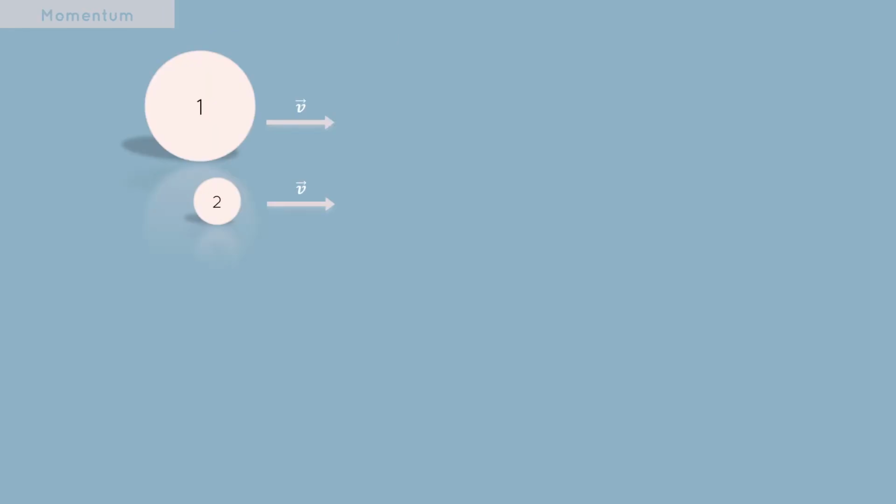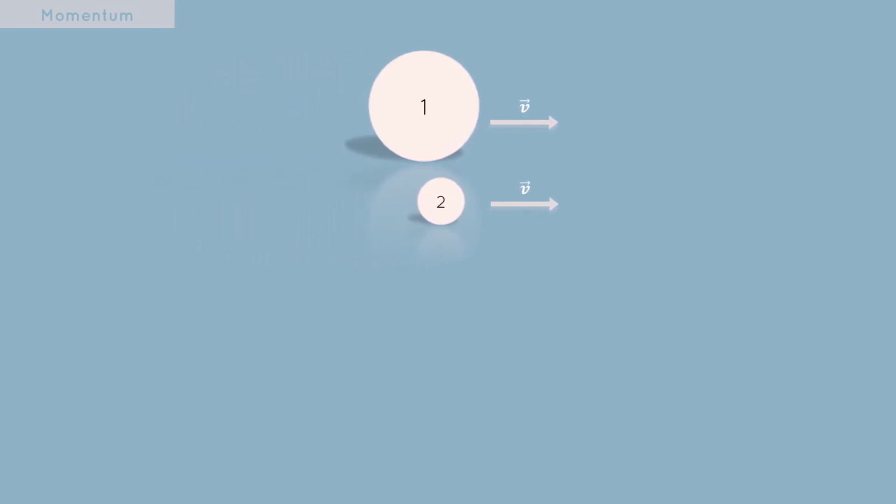So let's consider these two balls. We have ball 1 and ball 2. Ball 1 has a larger mass than ball 2, but both of them have the same velocity. So can you tell me which ball has a greater momentum? Yes, so ball 1 has a greater momentum than ball 2 despite the fact that they both have the same velocity.